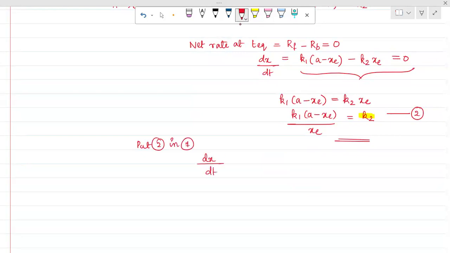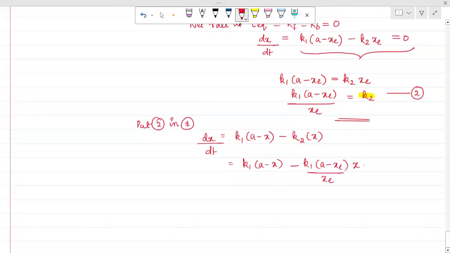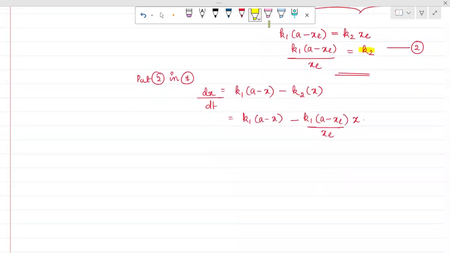dx by dt is equal to K1 into A minus X minus K2 into X. We need to substitute over here. So K1 into A minus X minus K1 into A minus Xe divided by Xe into X. So this highlighted portion is the substitution for K2. Open the brackets and cross multiply.